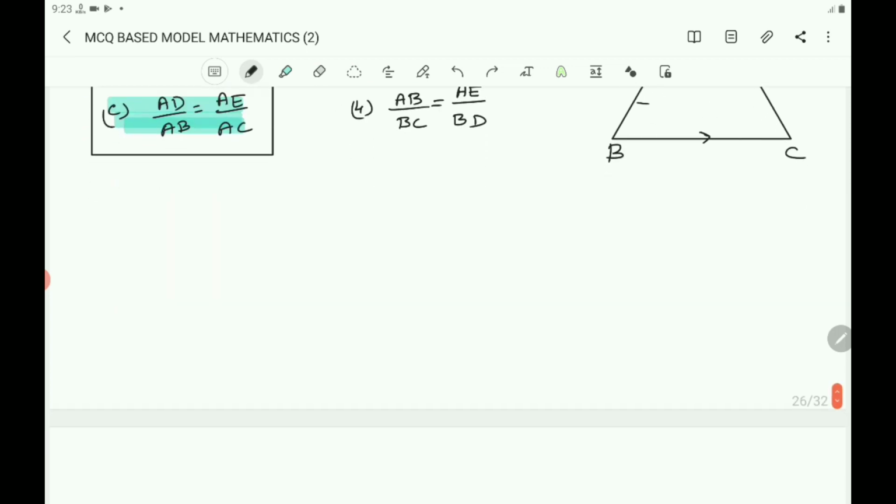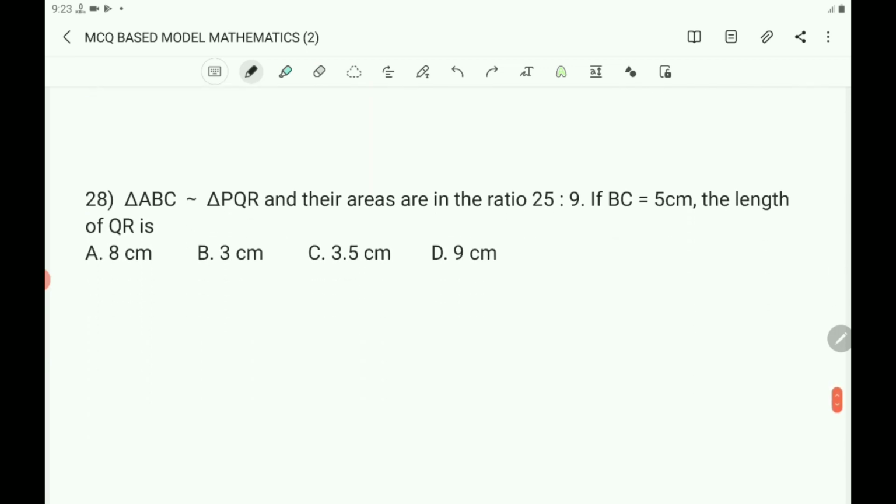Next, take the question number 28. Here it is given that triangle ABC is similar to triangle PQR. What is given? Triangle ABC is similar to triangle PQR, and their areas are in the ratio 25:9.